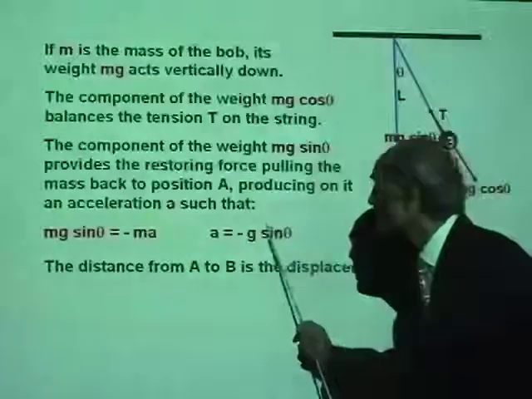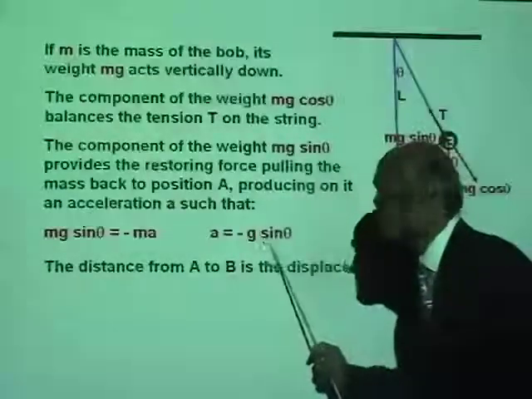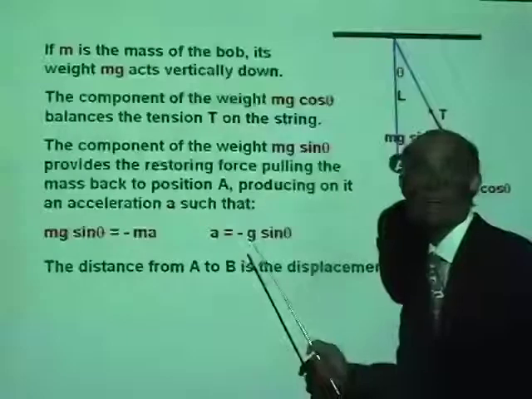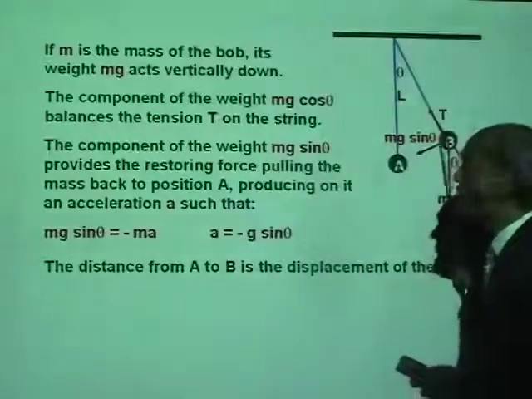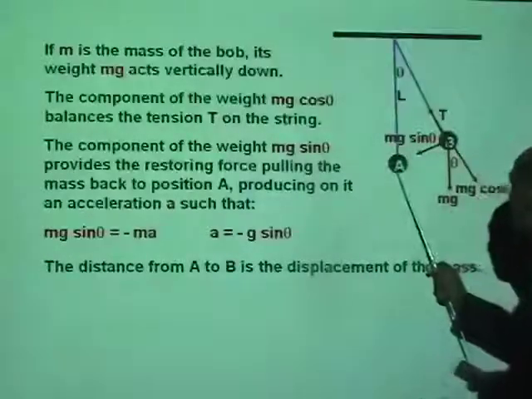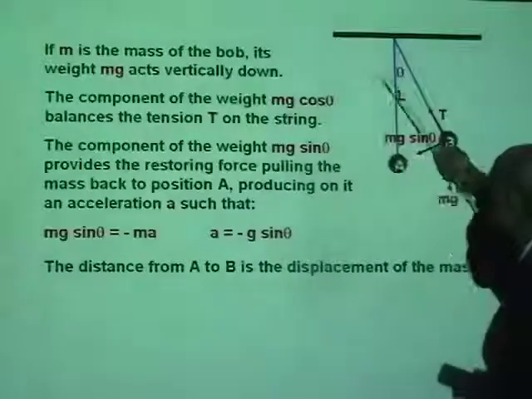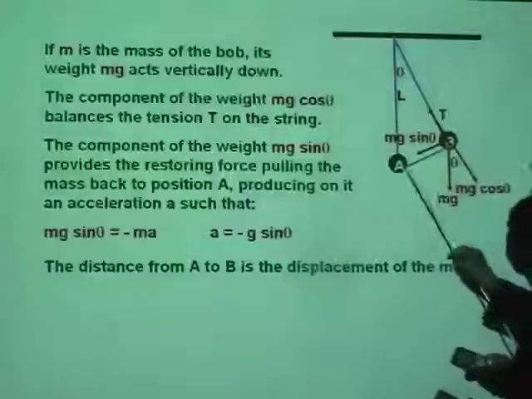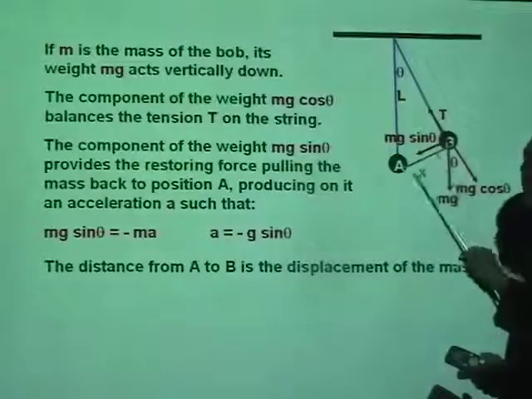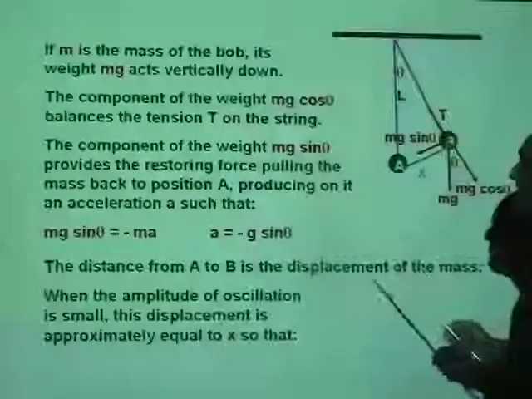Let's now get a reasonable approximation for this sine theta. The distance from A to B is the displacement of the mass. The mass has been displaced from A to B, that distance. I'm going to call that distance x.